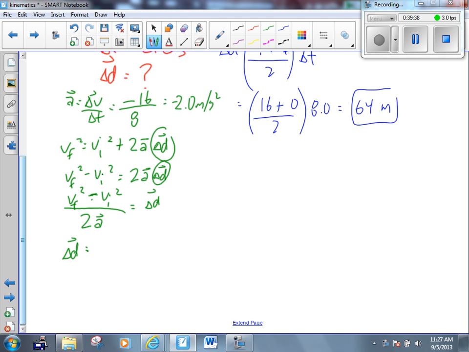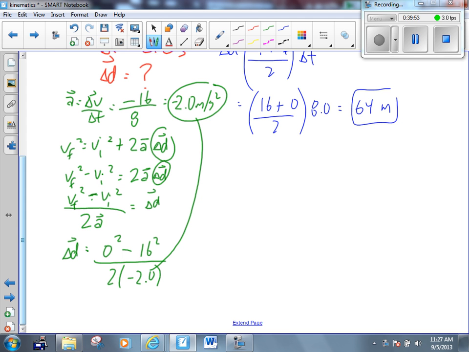That's 0 squared minus the initial speed was 16, divided by 2 times, we just found the acceleration, negative 2. Lo and behold, when we do this math, we end up getting 64 meters.